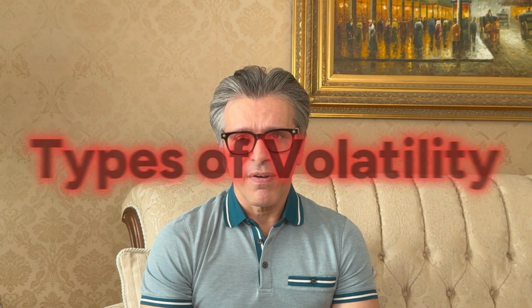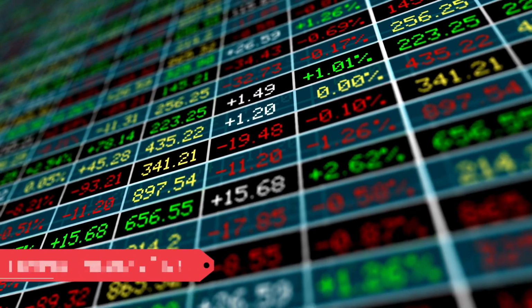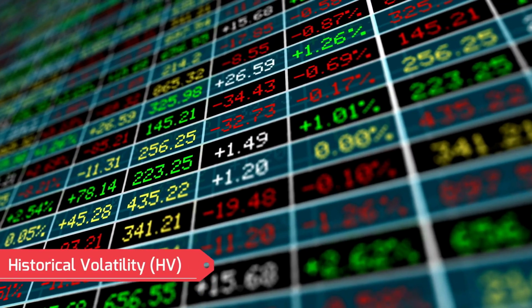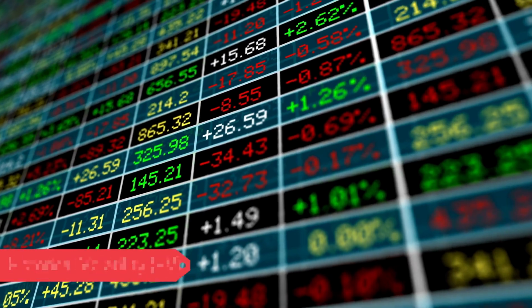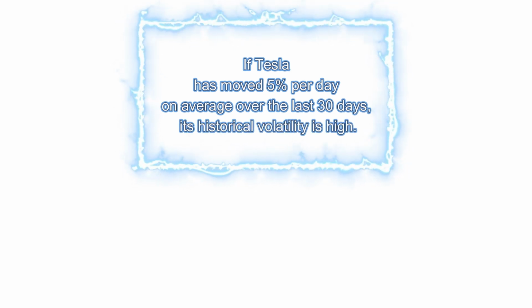Now that we are familiar with volatility, let's break down the two types of volatility traders must understand. The first is historical volatility, or HV. Historical volatility is based on past price movements. For example, if Tesla has moved 5% per day on average over the last 30 days, its historical volatility is high.